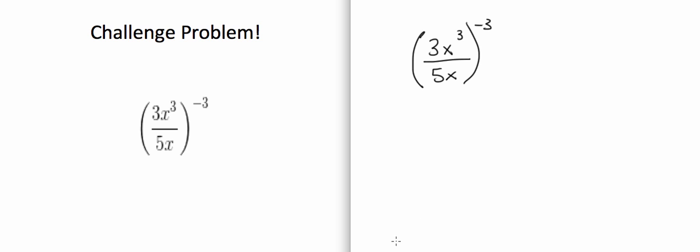The one hint I'm going to give you is I'm going to say break this down. We're going to have 3 and x to the third on top. On bottom, 5 and x. Remember our power rule. This is 3 to the first, 5 to the first, x to the first. We multiply it by negative 3.